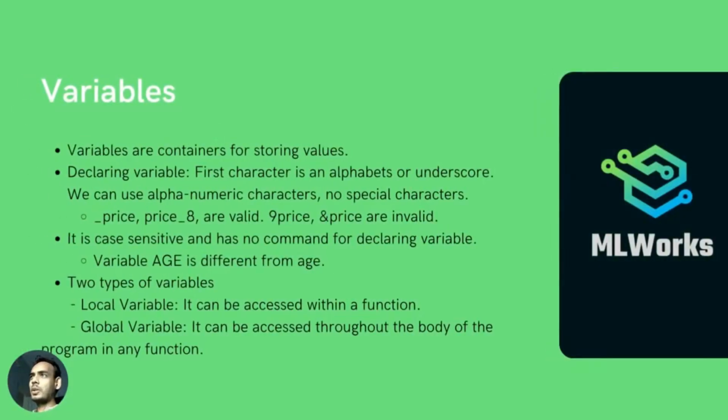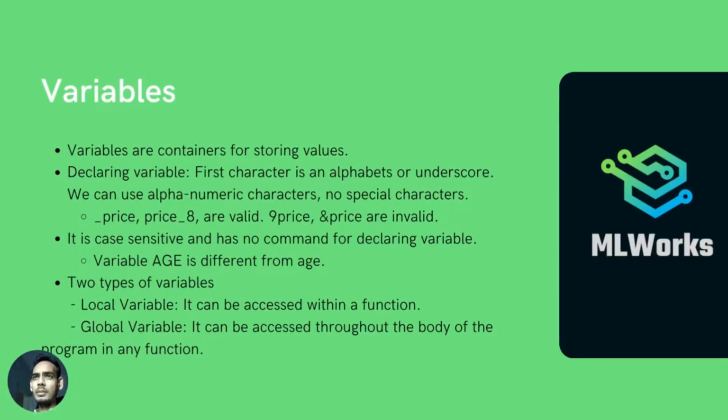So what are variables? Variables are containers for storing values. A container refers to a memory location where we store our values, like integers, strings, or any data for that matter. So how do we declare a variable? The first character should be either an alphabet or an underscore. We can use alphanumeric characters after the first character, and there cannot be any special character while declaring a variable.